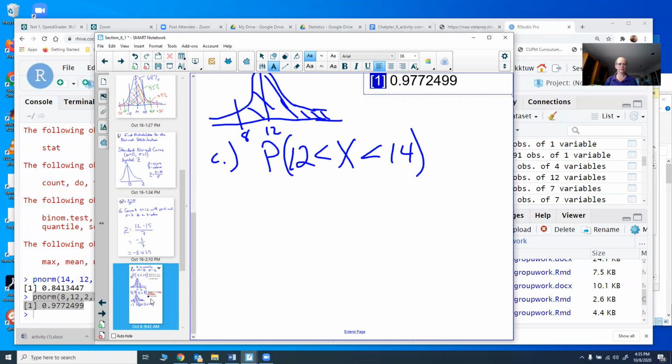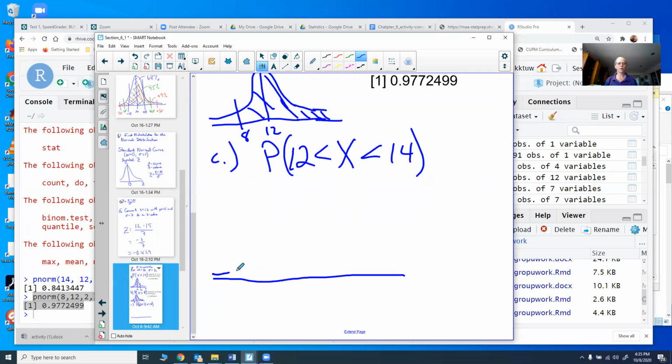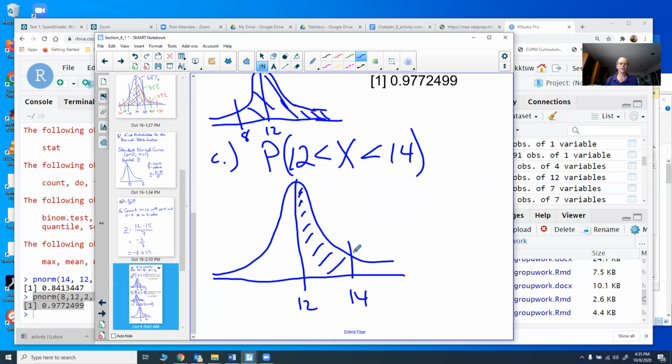This time we're going to look at a curve going from 12 to 14. So that would be this shaded area here. And now I have a little bit more work to do. If I just do lower tail is true, I don't want all this.